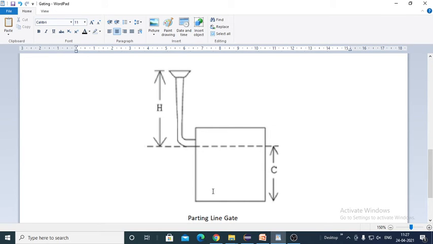So let us see the advantages of this parting line gate. The first advantage is that it is easy to make as a top gate, and it permits a favorable temperature gradient.